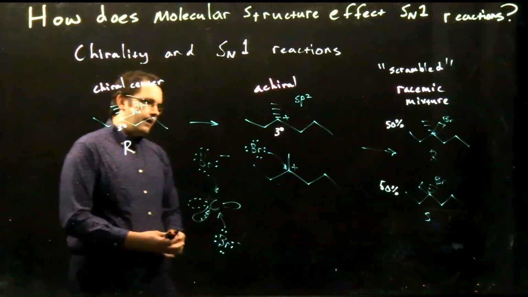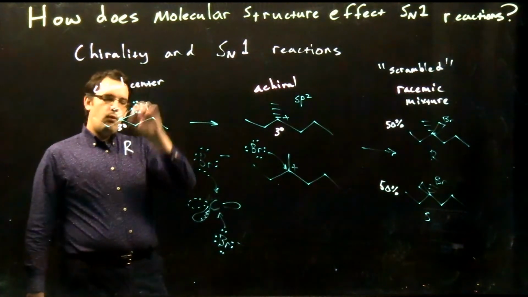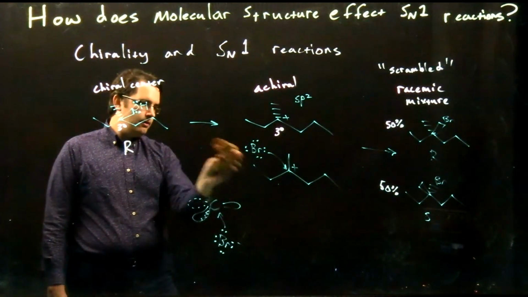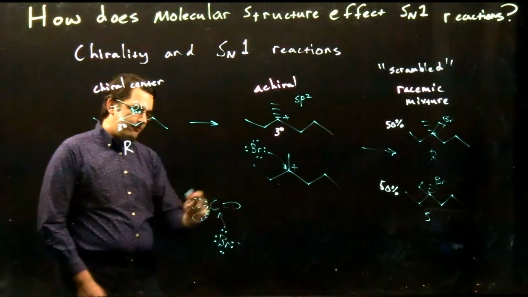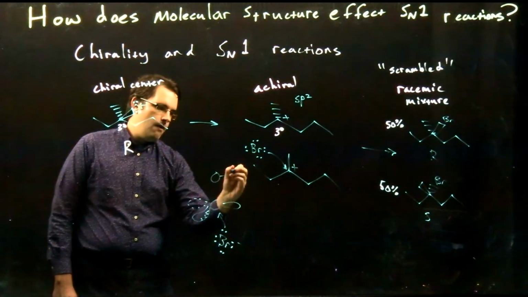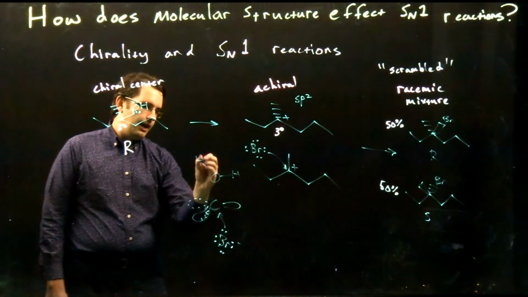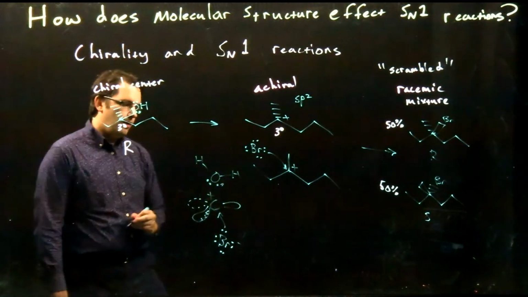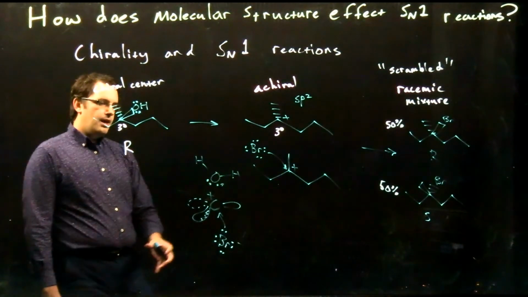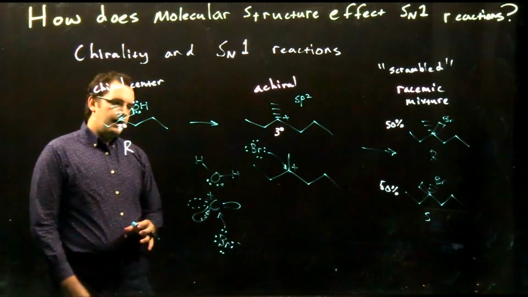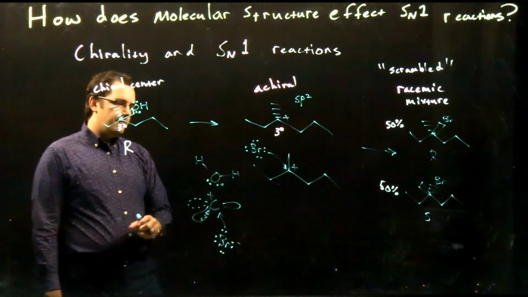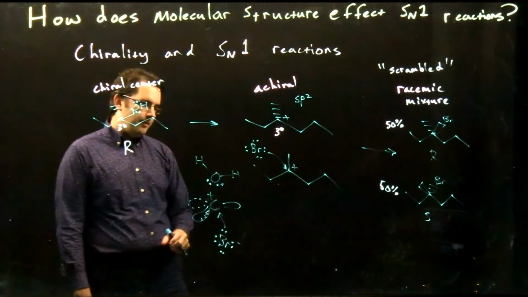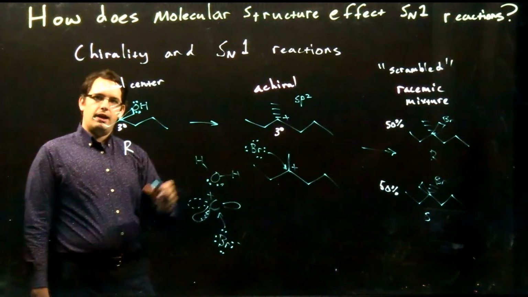So what happens is that as the water molecule is breaking off, it's still going to be sitting right near my carbocation. Right, so I'm going to have my carbocation here that formed as my water molecule just broke off. And it's actually going to block the attack of my bromide from that one side. So it's going to make it a little bit harder for my bromine to come in here because my water is still kind of sitting in the way.